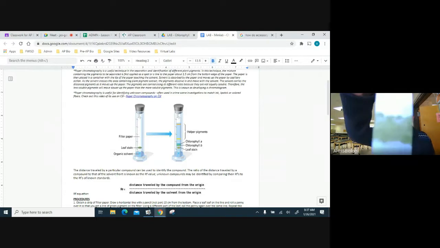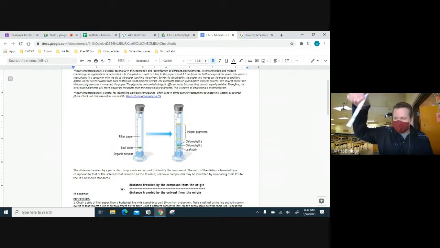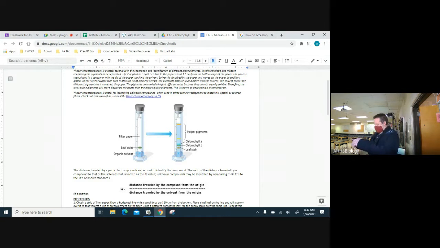See all that chlorophyll, all that green? Now all I'm going to do is take this and let it sit. Sometimes I have to bend it over a pencil.